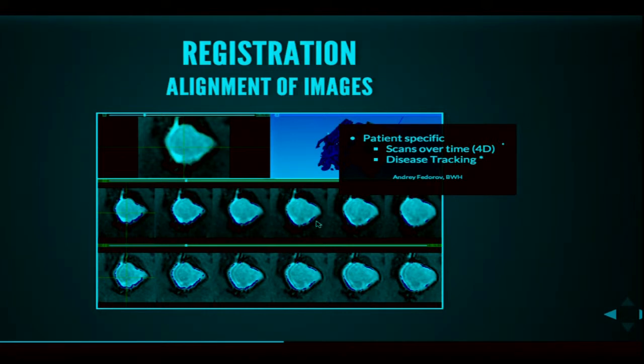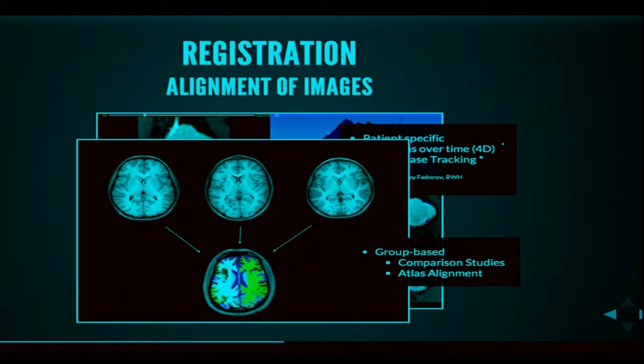There are mechanisms in the software, 3D Slicer for example, which then show the changes. This tumor here was growing; I think it grew 100 milliliters in volume. And we heard it before, it's also in the mice. You can also do group-based analysis by registering many patients to one space or to an atlas to have automatic segmentation approaches.